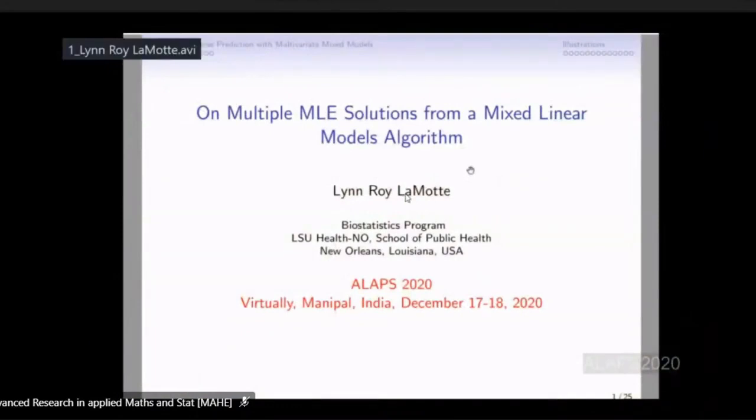I want to begin by thanking the organizers for giving me the opportunity to give a small talk for a big occasion, and that is honoring Professor Rao on his 100th birthday.